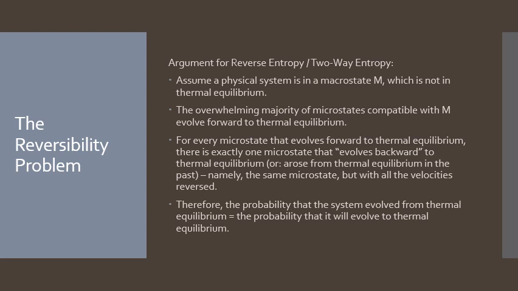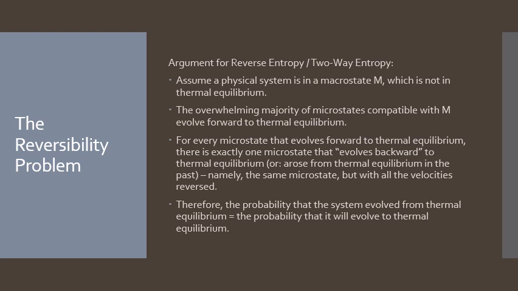And that's just what we were saying in the previous lecture to explain why the second law of thermodynamics is true to begin with. But there's the problem that for every microstate that evolves forward to thermal equilibrium, there exists exactly one corresponding microstate that evolves backward to thermal equilibrium. Or in other words, exactly one microstate such that it would have arisen from thermal equilibrium in the past.